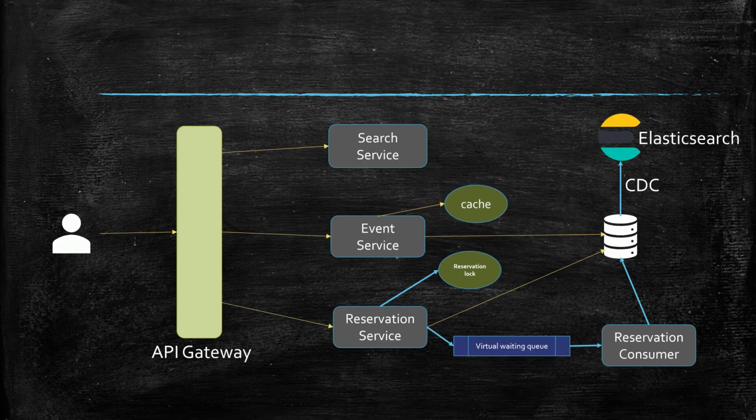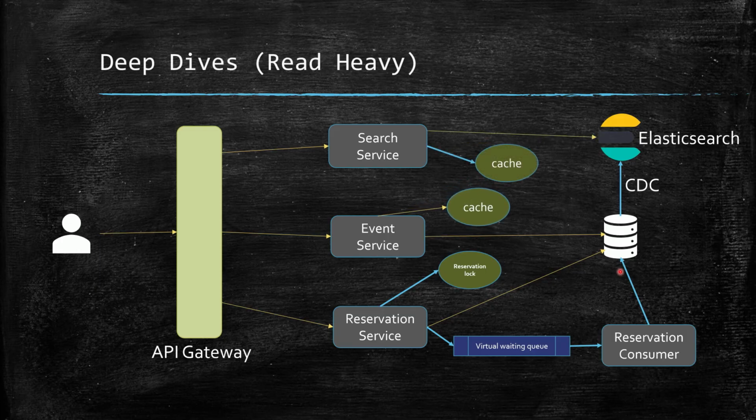Another thing that we can do here is cache your search query. So if everyone is searching for a Taylor Swift event, you can cache that search query, so that for Taylor Swift, it gives these results. Now the thing here is your cache should have a low TTL, not a great TTL like we kept in the event service. The TTL should be low because maybe new events are added very frequently and you don't want to miss them in your search.